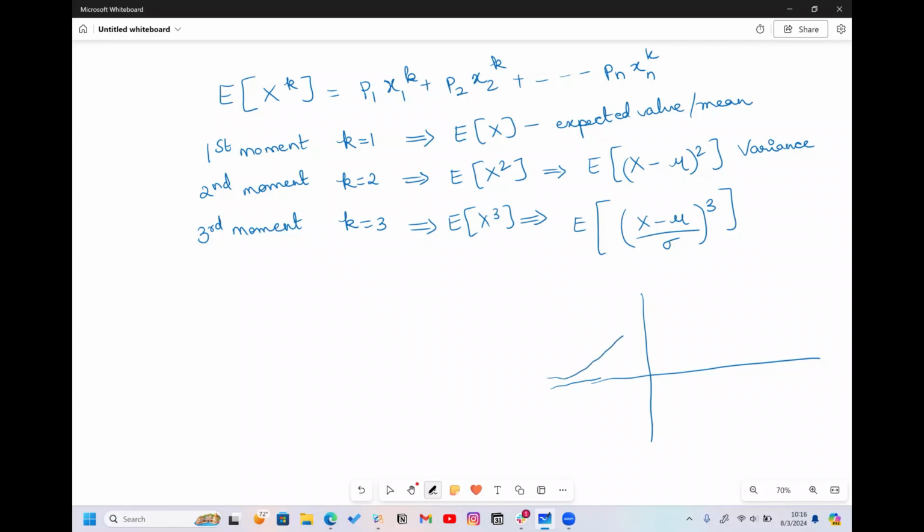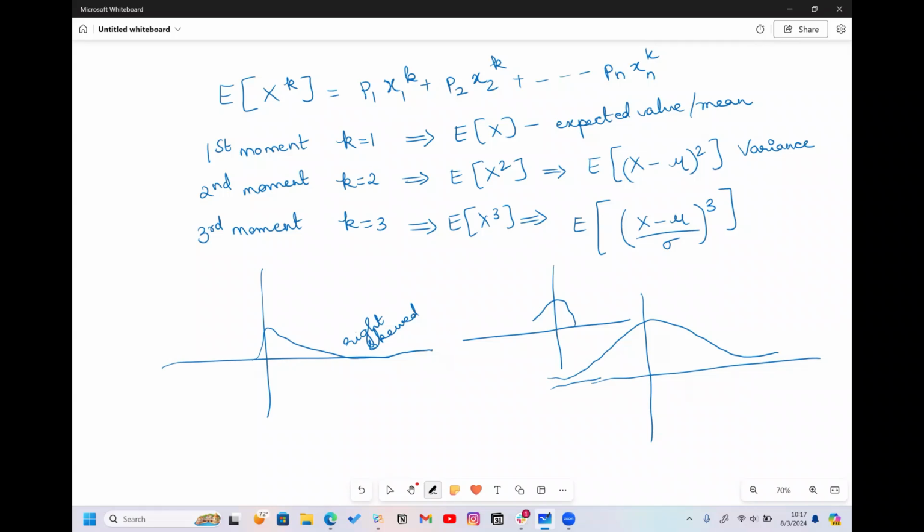Suppose we have a distribution like this. This is a symmetric distribution. But if we have a distribution more like that, this is right skewed. And if I have something like that, this is left skewed.